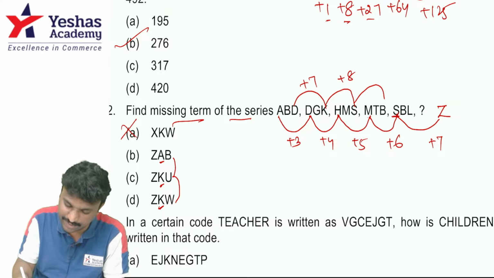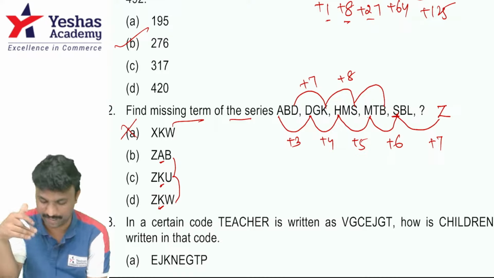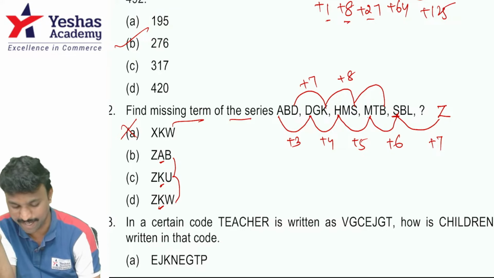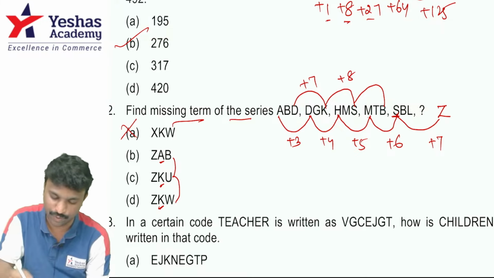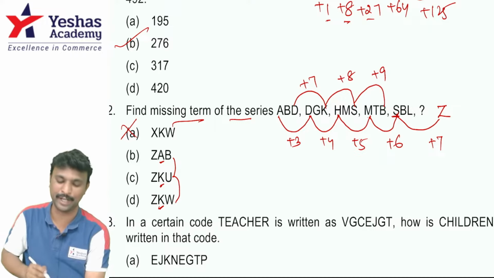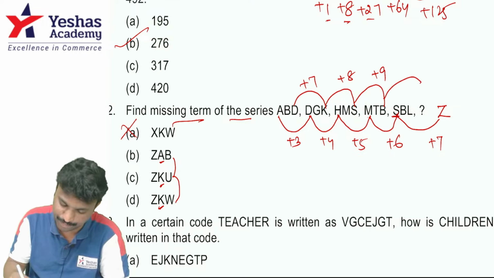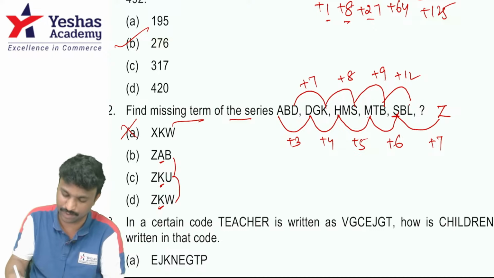S is the 19th letter, what is next? Z is 26, A is 27, and B is 28. So 19 plus 9 is 28. So again, it should be plus 10. B plus 10 is 2 plus 10, which is 12. So L is definitely 12.